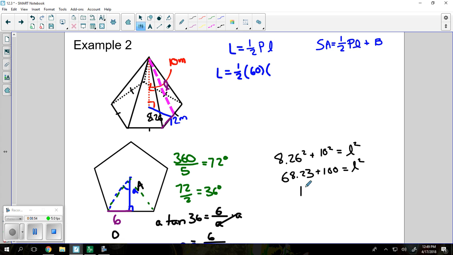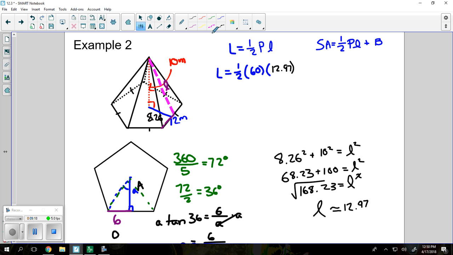Add those together, get 168.23. And then to get rid of that, root both sides. And that gives me the square root of 168.23, about 12.97. And then that can go right there.